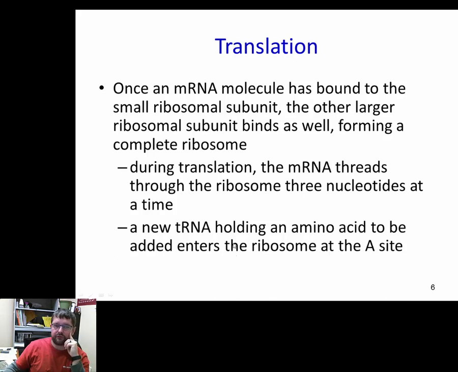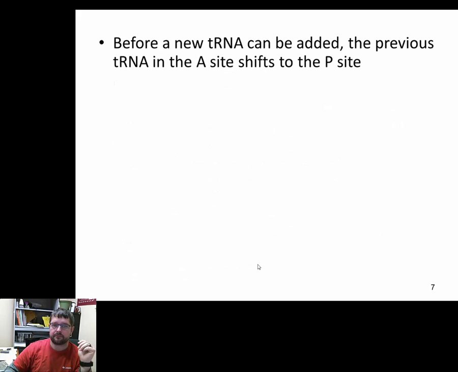Like I said before, that transfer RNA is going to enter the acceptor site, move to the peptide site, and then if it's a eukaryotic cell, it's going to kick out at the E site, or the exit site. Again, just to reiterate, transfer RNA comes into the A site, the acceptor site, shifts to the P site.